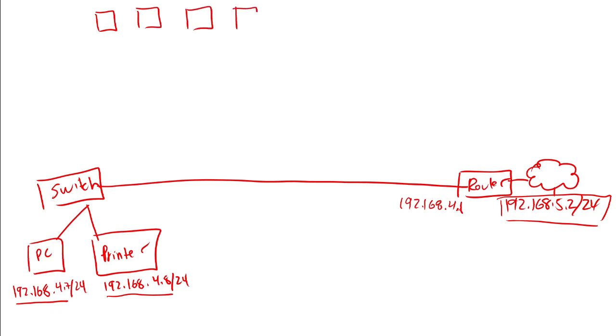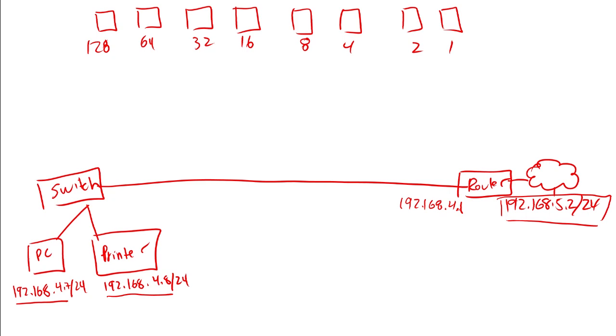So remember our boxes: 128, 64, 32, 16, 8, 4, 2, 1. So I can write 192 as a bunch of numbers. So 192.168.4.7 is 128 plus 64.